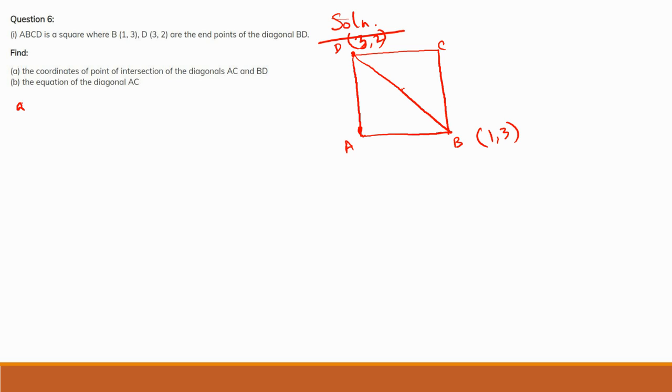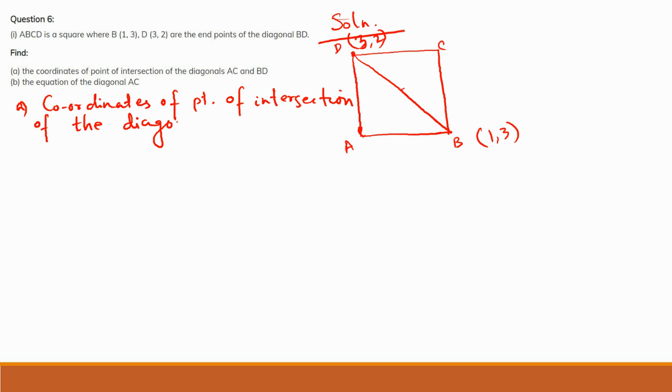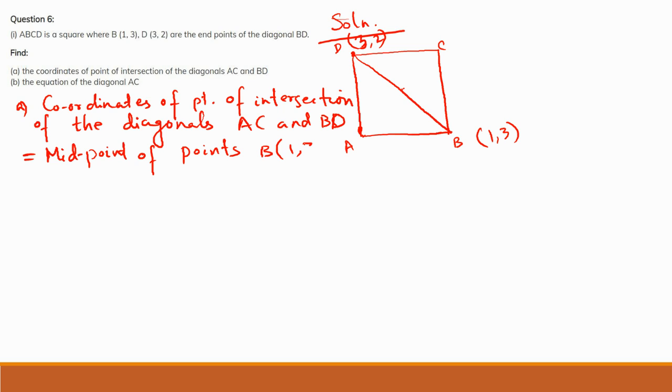So number one, coordinates of the point of intersection of the diagonals AC and BD equals the midpoint of points B 1 comma 3 and D 3 comma 2.